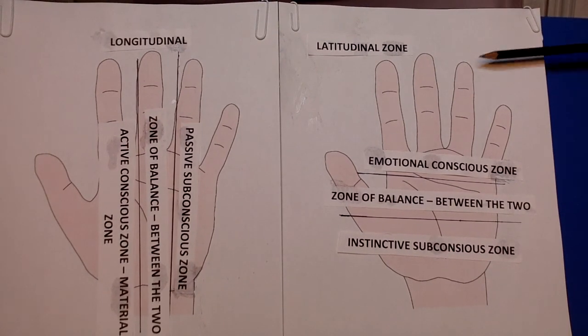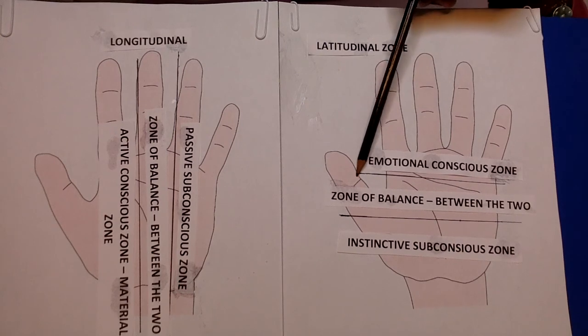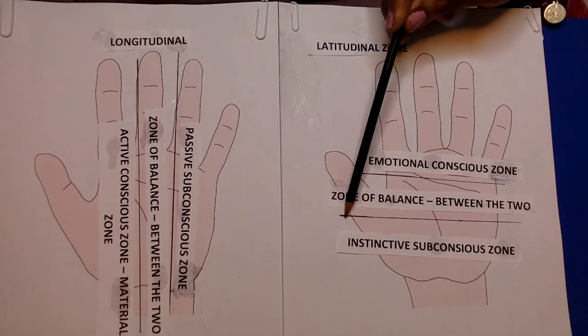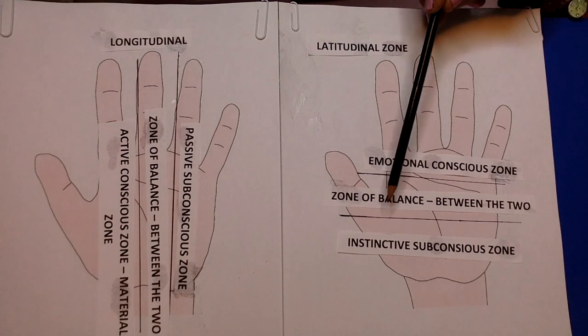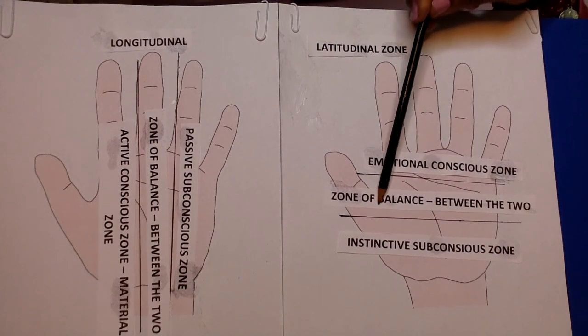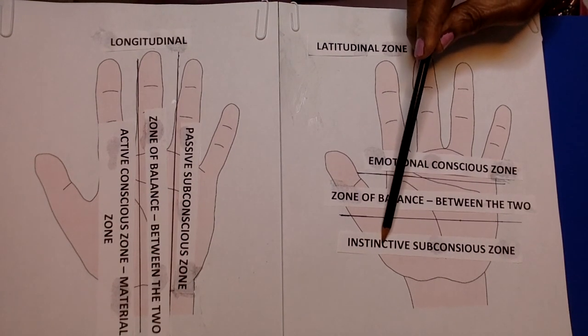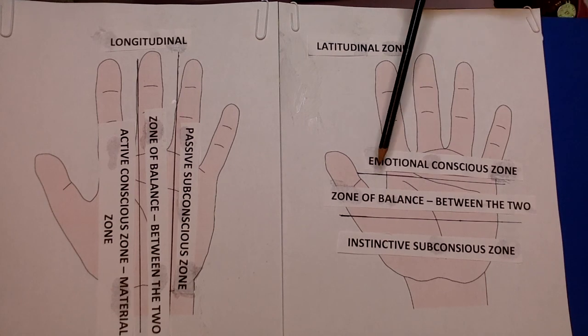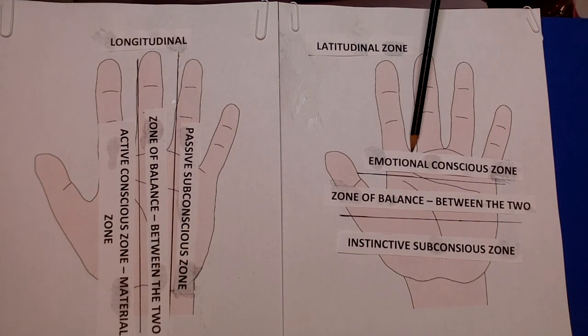We're going to latitudinal. Now, that means the lines are going horizontally. So we have three. This is upper, this is middle, and this is on the end. All right, so let's take this one first. The first division is the emotional or the conscious zone. It represents our active link with the world around us.